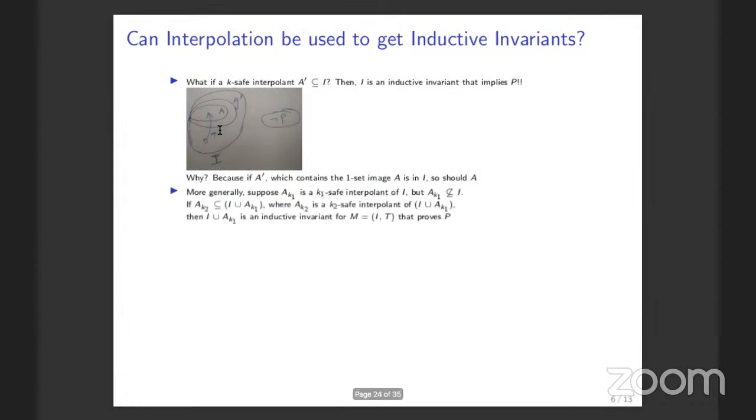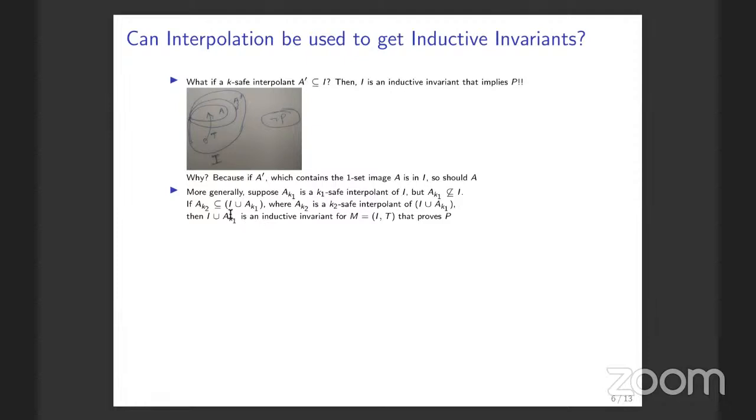More generally, this also holds if you have a K1 safe interpolant, say, which is not inside I yet. If it is inside I, then you know that I union that over approximation will be an inductive invariant.